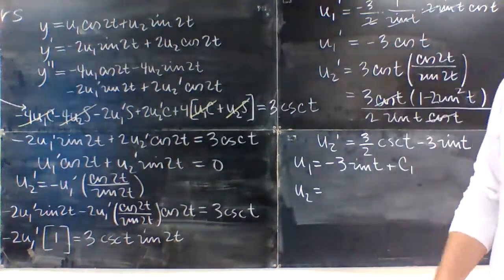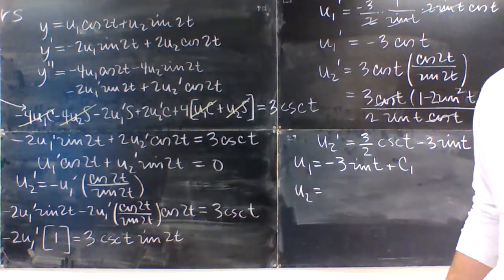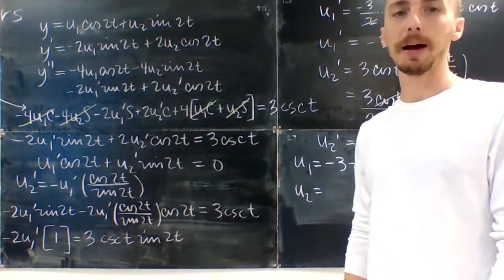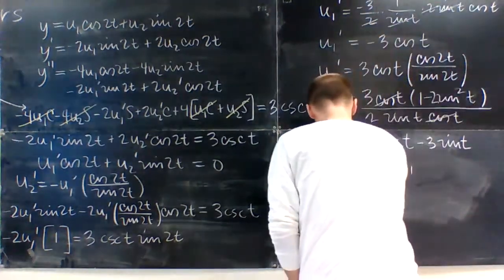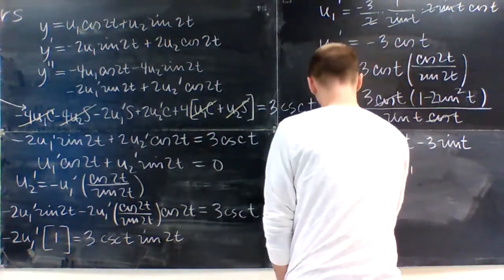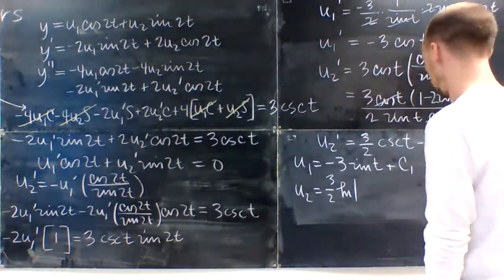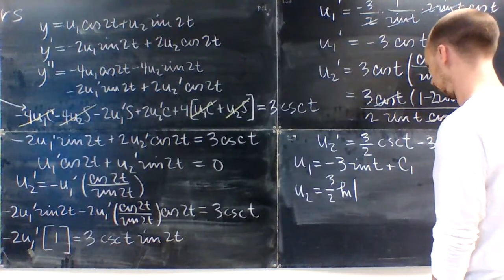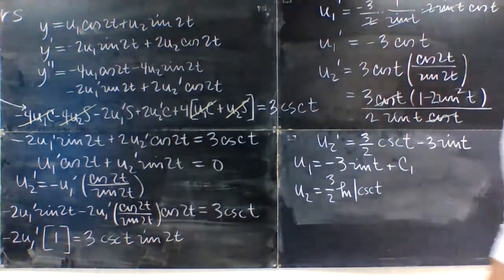The antiderivative of cosecant of t is the natural log of the absolute value of cosecant t minus cotangent t. So that's 3/2 log absolute value of cosecant t, I've already forgotten, is it minus?